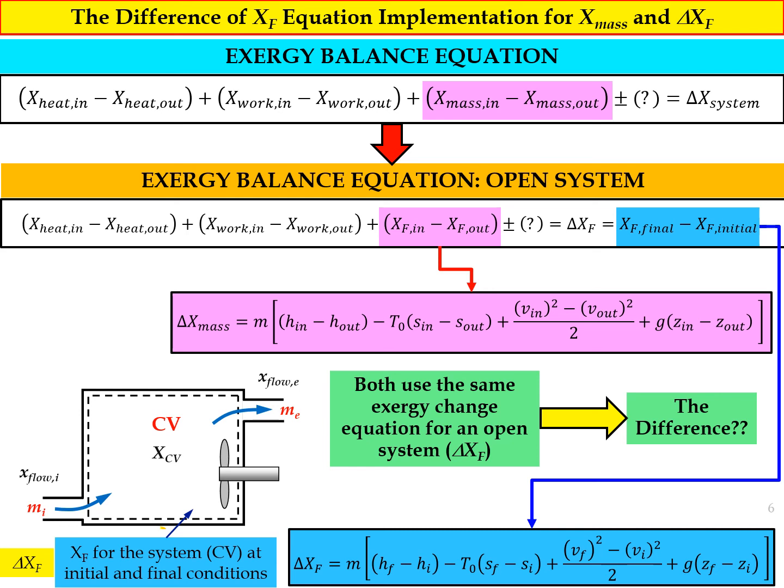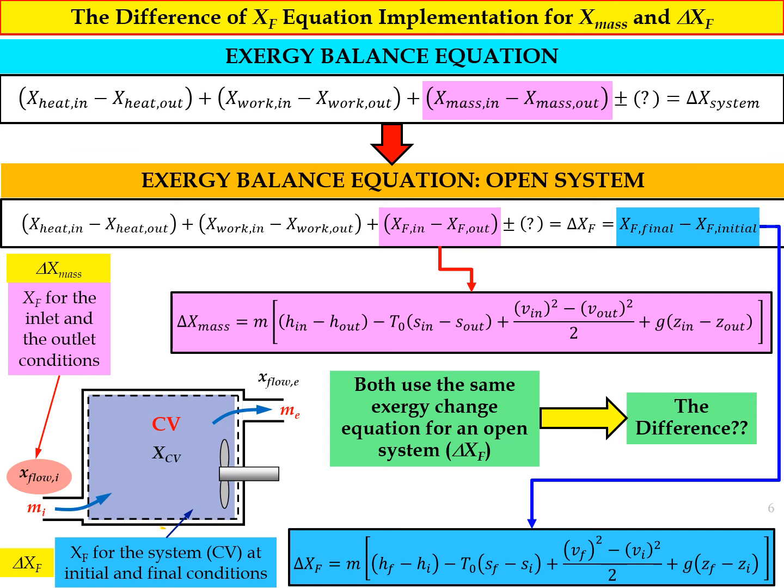So it states the initial and also final condition of the control volume. Whereas for delta X mass, it looks at the inlet and outlet conditions, the mass flow rate in and mass flow rate out. So this is the difference between delta X mass and delta Xf.